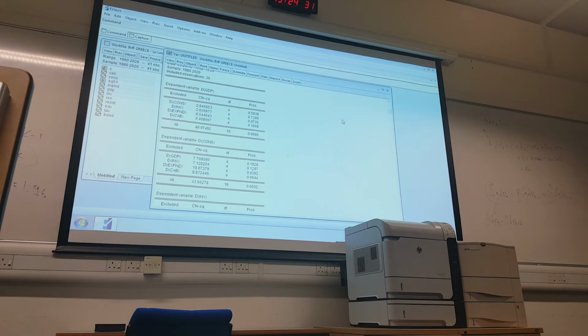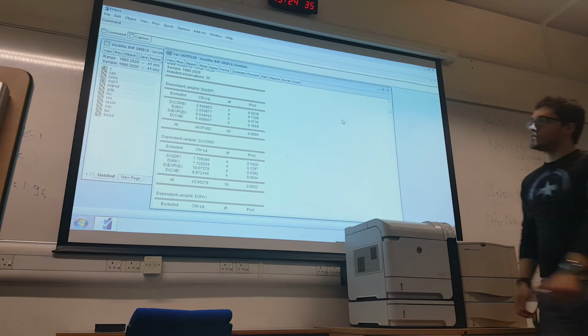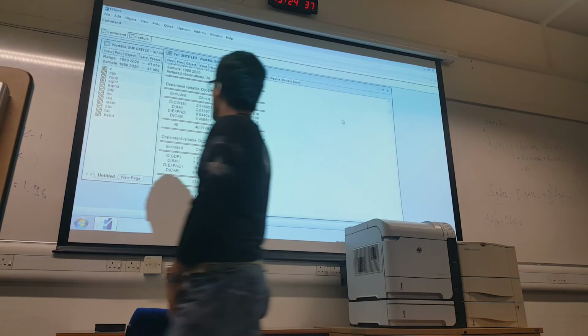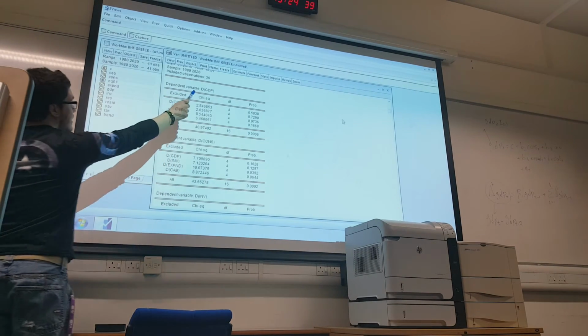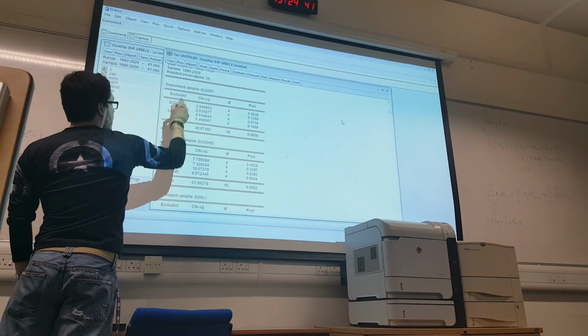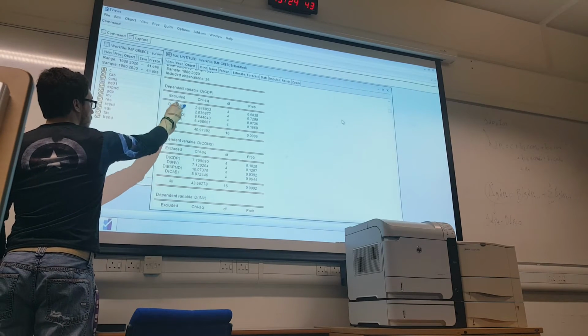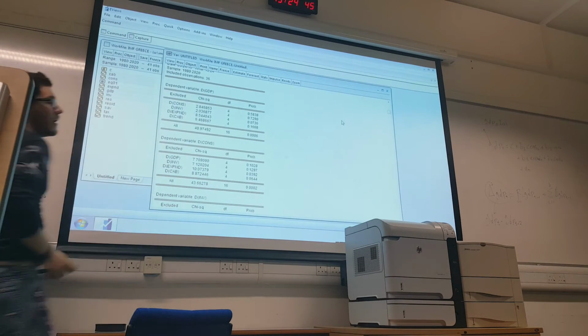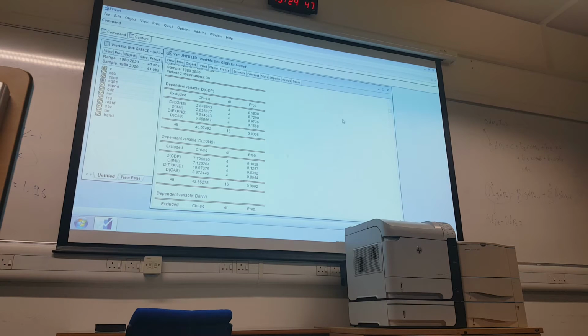As you can see, we have 5 equations where each variable is treated as the dependent variable, and we try to see whether the independent variables cause the dependent variable.